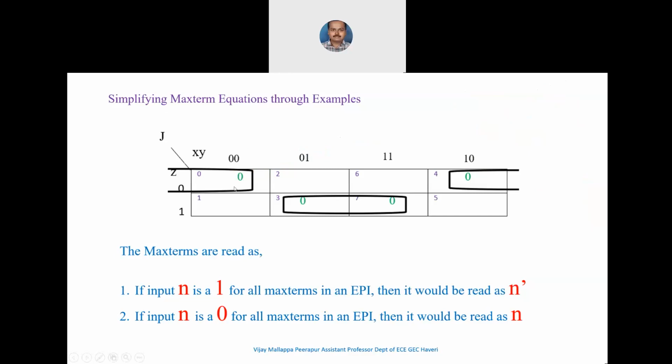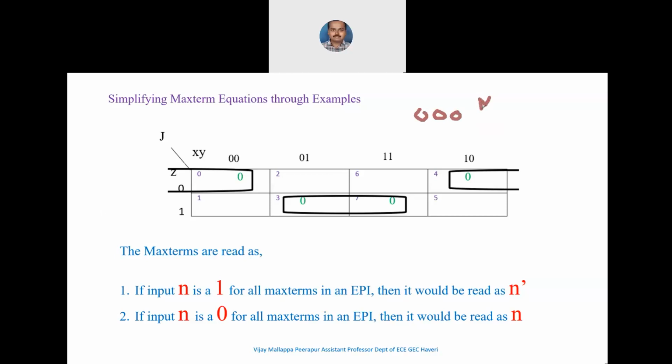If you see the truth table for this one, how do you write it? 0, 0, 0, right? 0, 0 and 0. If it is a min term, how do you write the min terms?